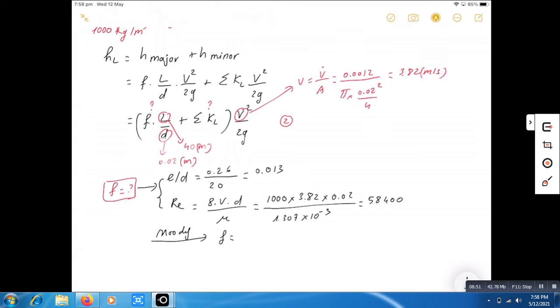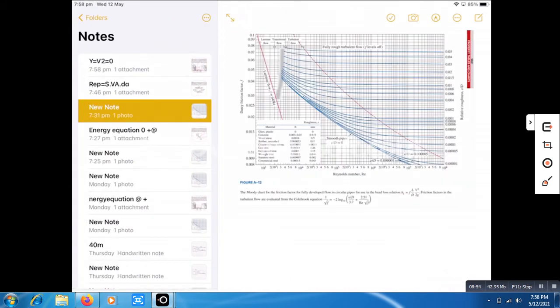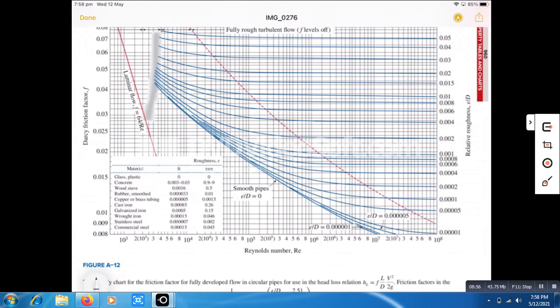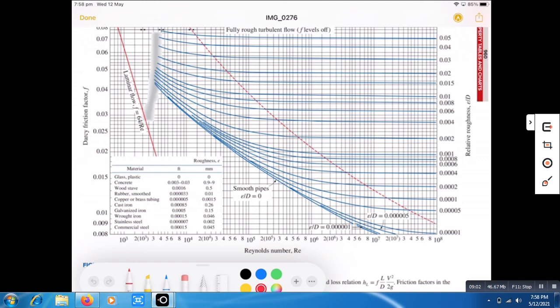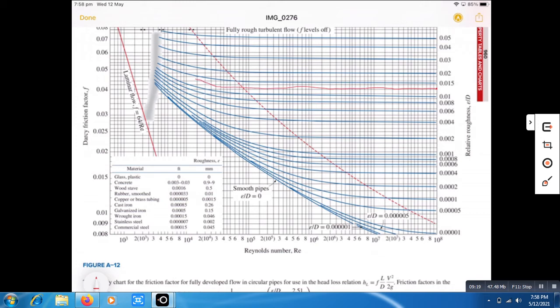Now we will have a look at the Moody diagram. Okay, this one is the Moody diagram, and e over D is 0.013. We have 0.01, 0.015 here, so 0.013 will be here. We draw a curve at 0.013, and the Reynolds number is approximately 5.8 times 10 to the power 4. We have 10 to the power 4 here, and 5.8 will be this one.